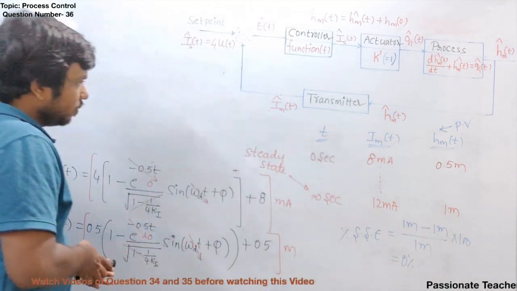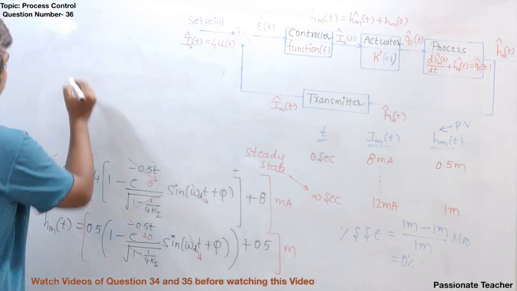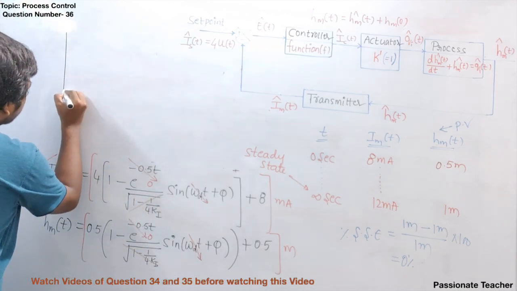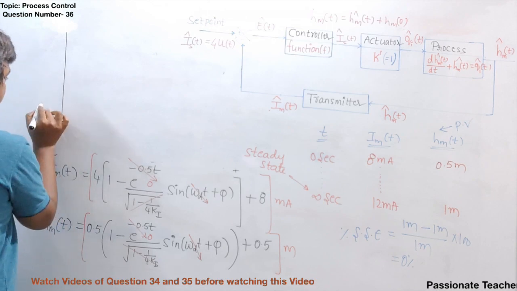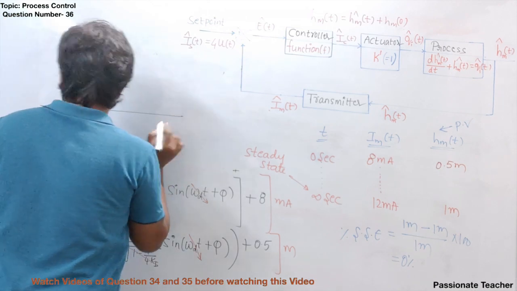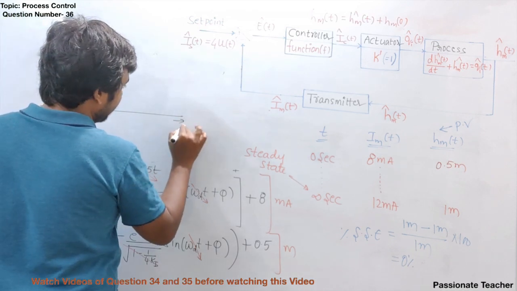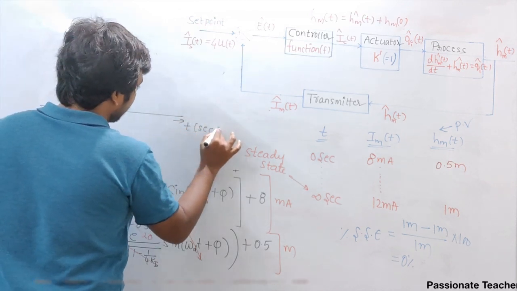Right? Now, let's look at how the graph looks. If you look at the water level in the tank, this is 0, and this is T in seconds.